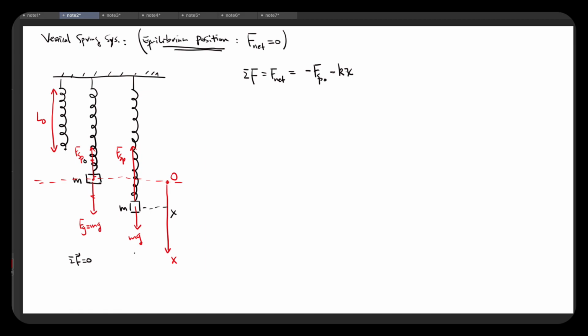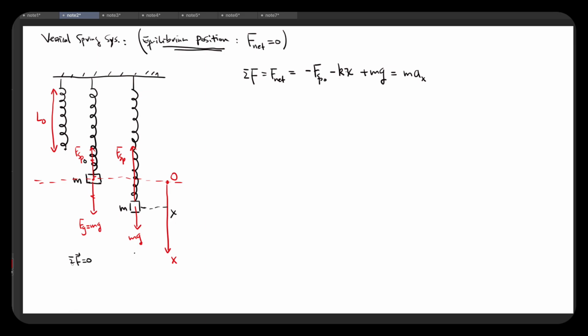That's why we obtain this additional force, negative kx. And then plus the gravity mg. Gravity is positive because it's in the same direction as the x-axis. That is the net force at this new position x, which equals max, according to Newton's second law.